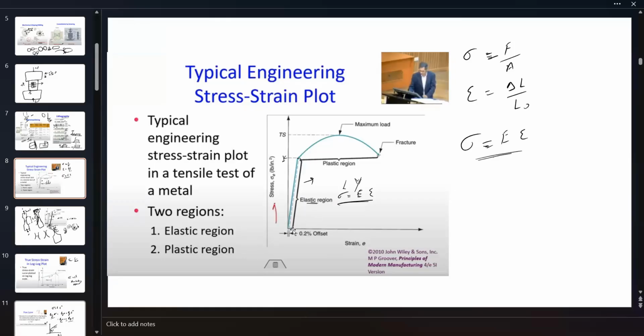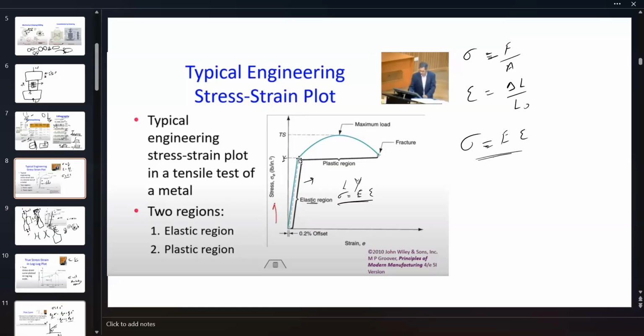So what will happen is initially you have your elastic region. In the elastic region, whatever strain you impart on the sample, as soon as you remove the stress, it will come back to the original state. It follows this linear path.